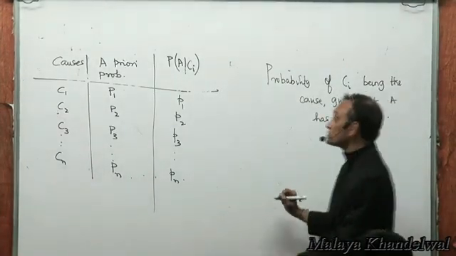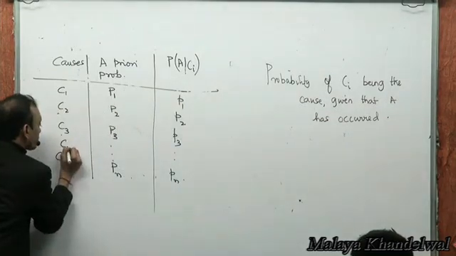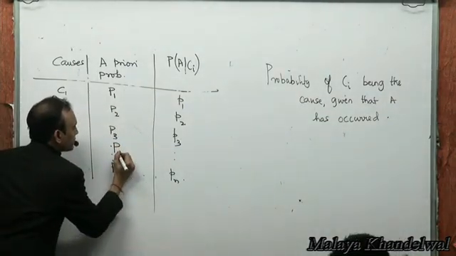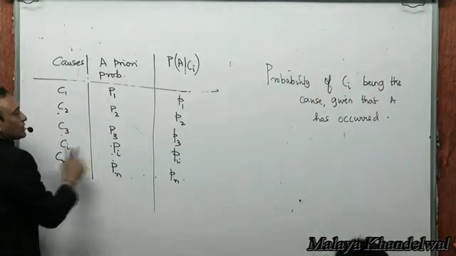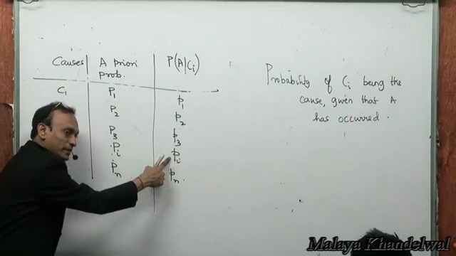So this is some Ci which has an a priori probability Pi, and if this is the cause, the probability of the event is small pi.